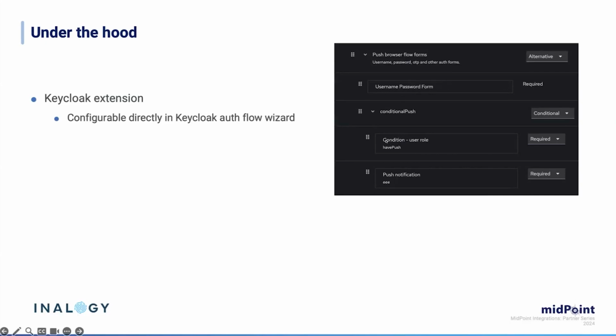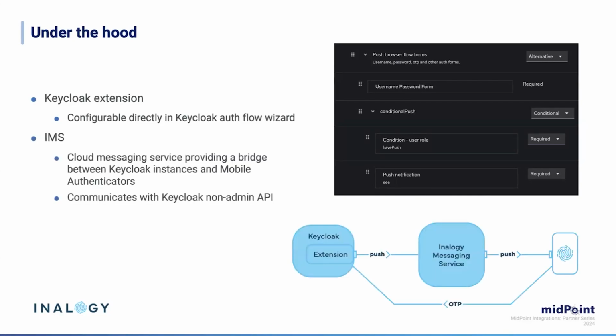If a user has a user role that forces him to have push notification as the second factor, it will trigger the push notification extension and force him to set up push notifications, or authenticate if he already has it set up. It will not work without the IMS, which is an abbreviation for Inalogy Messaging Service, and this is where all the magic happens. Basically, once you trigger the push notification, the message from Keycloak is sent to the IMS.